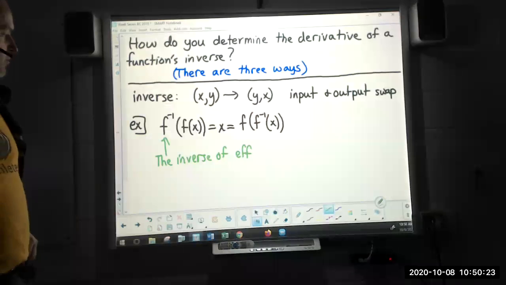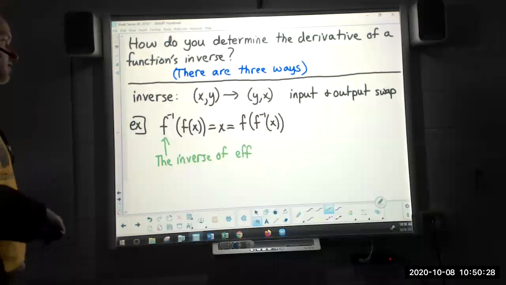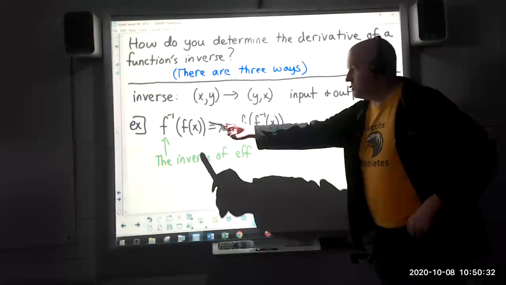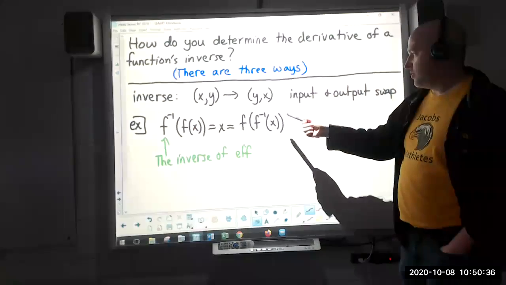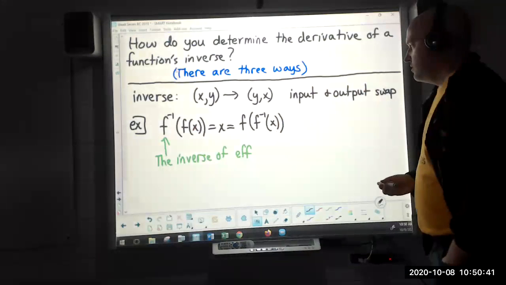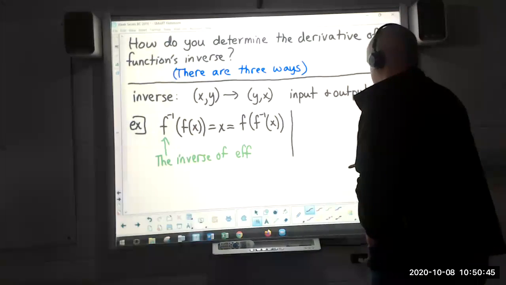And you may remember this, probably not, because it was tedious and the very beginning of pre-calc, but you did some algebra to prove that functions were inverses. And the idea was if you substitute F into F inverse and F inverse into F, both of them return X.